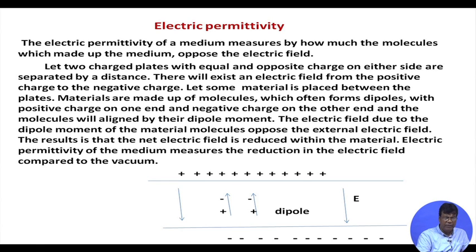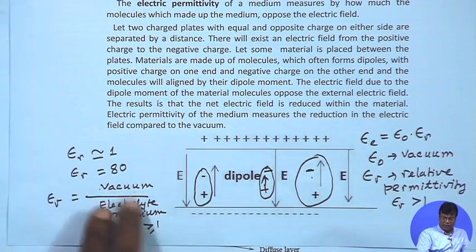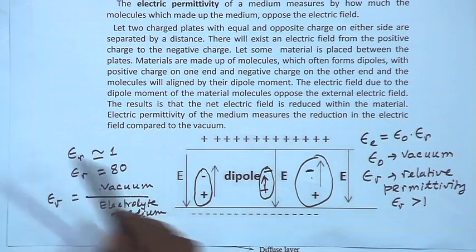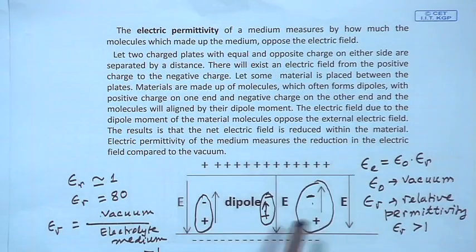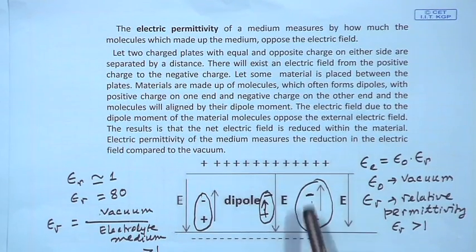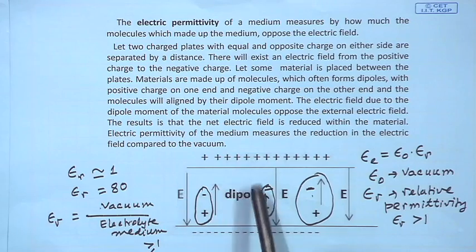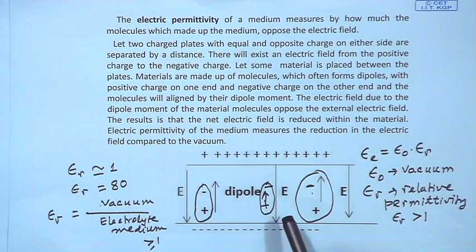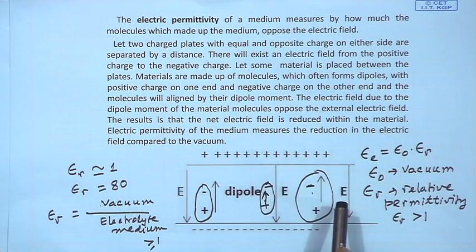Now, electric permittivity is a case where you have a medium, say suppose you have two charged plates, positively charged and negatively charged, and there is a medium, and an electric field will be generated. Now, this medium may be composed of water or something, made up of molecules, of course.